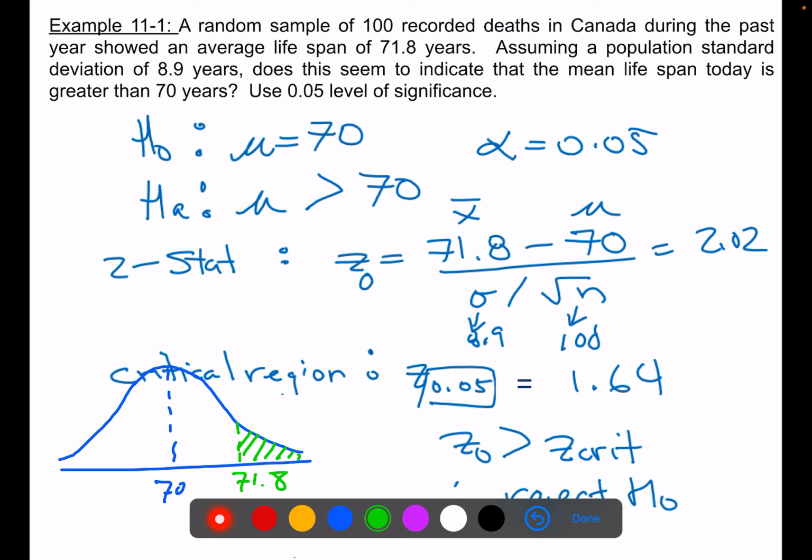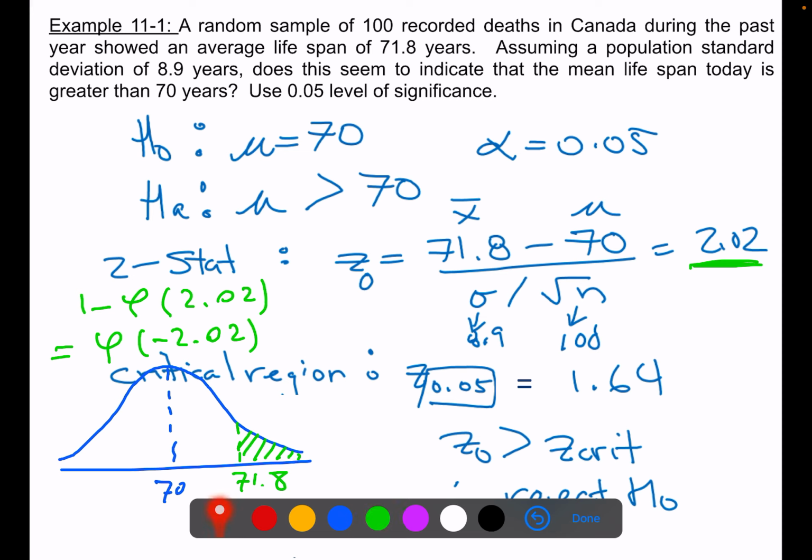You can calculate this area as 1 minus phi of 2.02, or you can calculate it as phi of minus 2.02, because the normal distribution is symmetric, same as the student's t-distribution. So for both of them, when I get a positive z, I can look at the negative value because they are symmetric.